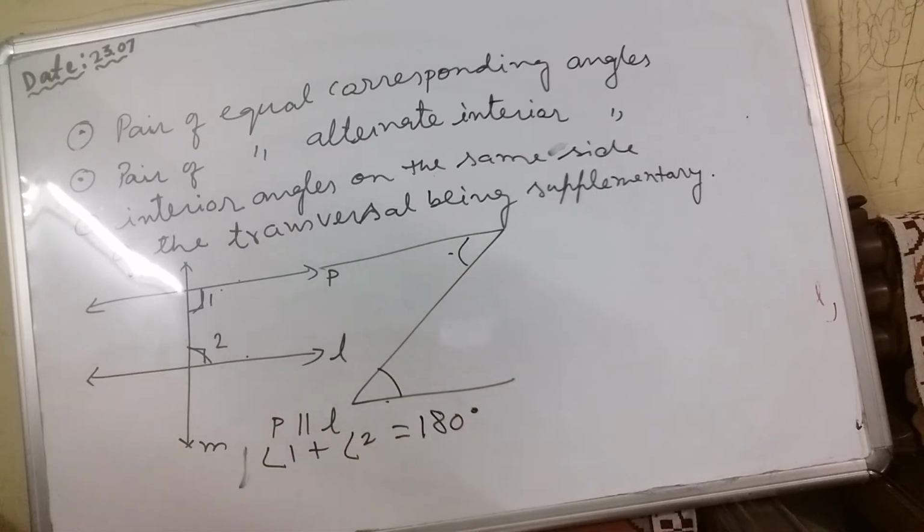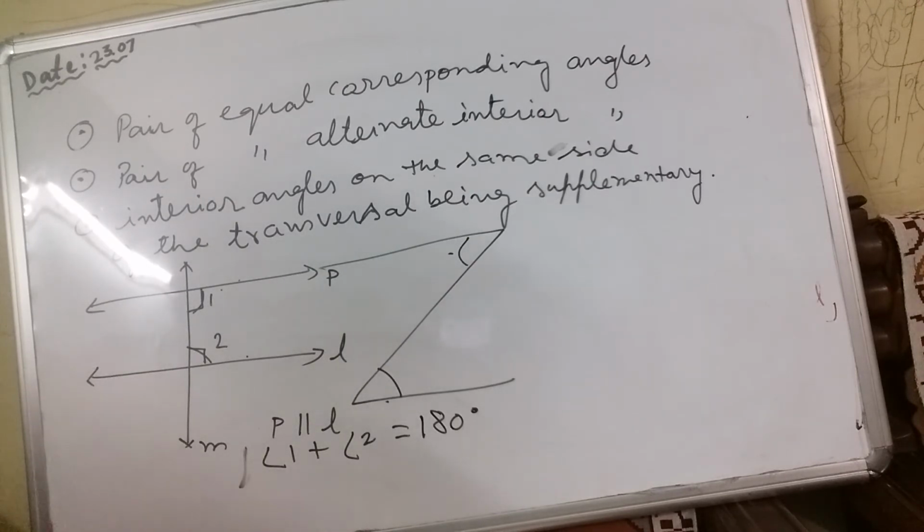Thus, when a transversal cuts two lines such that a pair of interior angles on the same side of the transversal are supplementary, the lines have to be parallel.